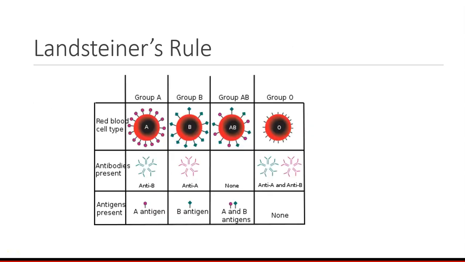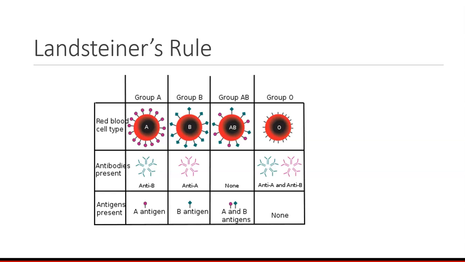This chart illustrates Landsteiner's rule, and you must memorize and know for the rest of your life what ABO antibodies will be found in the presence of each blood group. And so we have red cells on the top row, then the antibodies that are present, and the antigens. So if you are group A, you will have anti-B in your serum. If you are group B, you will have anti-A. If you're group AB, you will have none.